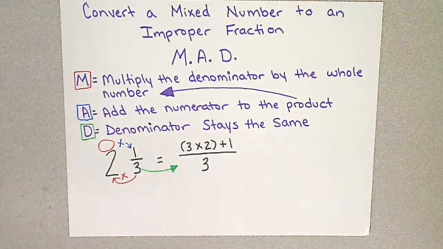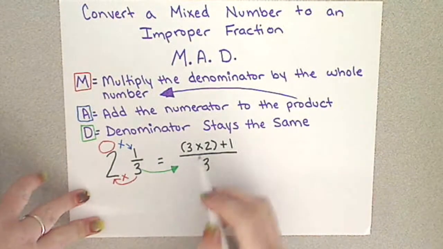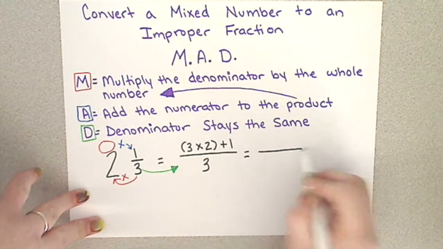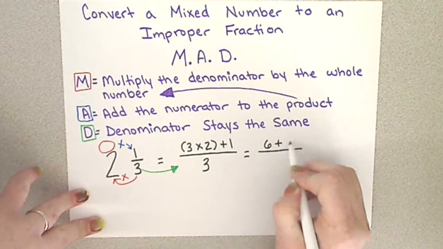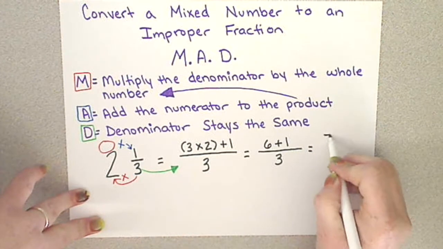Okay. So 3 times 2 is 6. So we now have 6 plus 1 over 3, which then becomes 7/3.